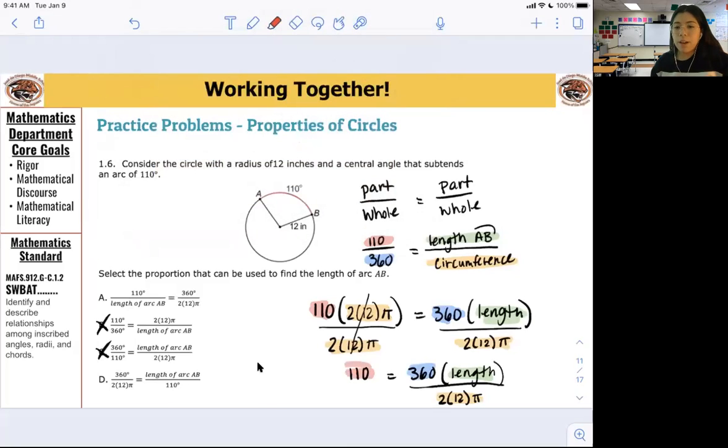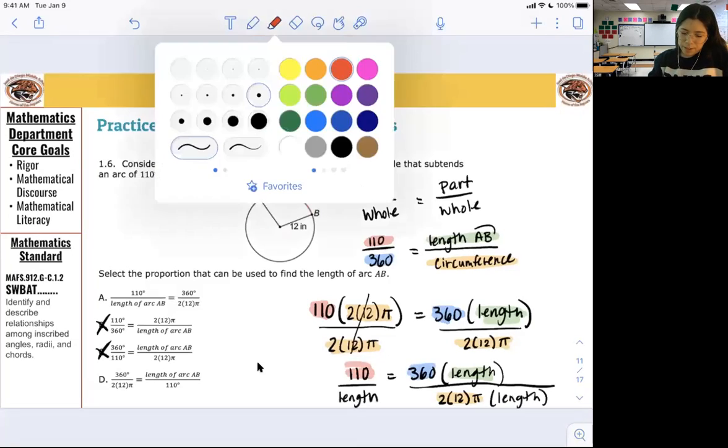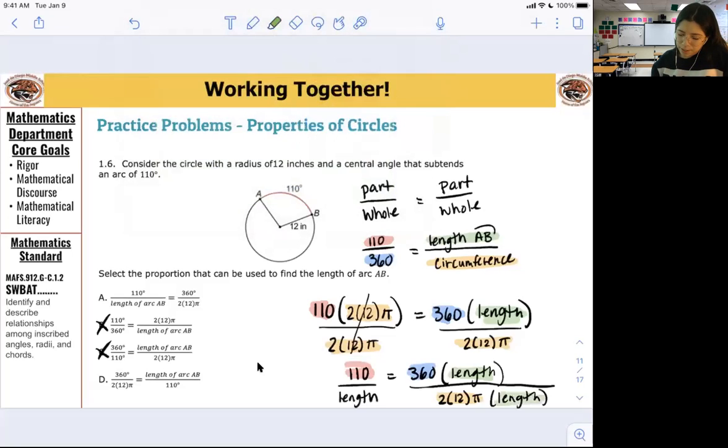Okay, now I'm going to divide both sides by the length. On the right side, it cancels out.